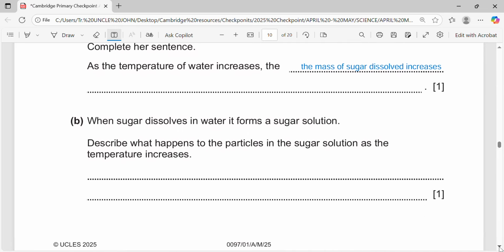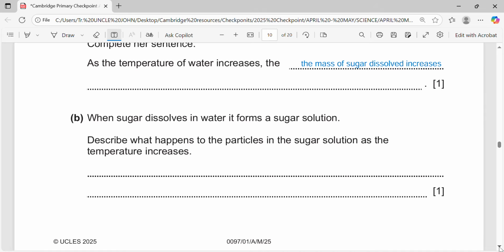Then when sugar dissolves in water, it forms a sugar solution. Describe what happens to the particles in the sugar solution as the temperature increases. The particles have more energy.